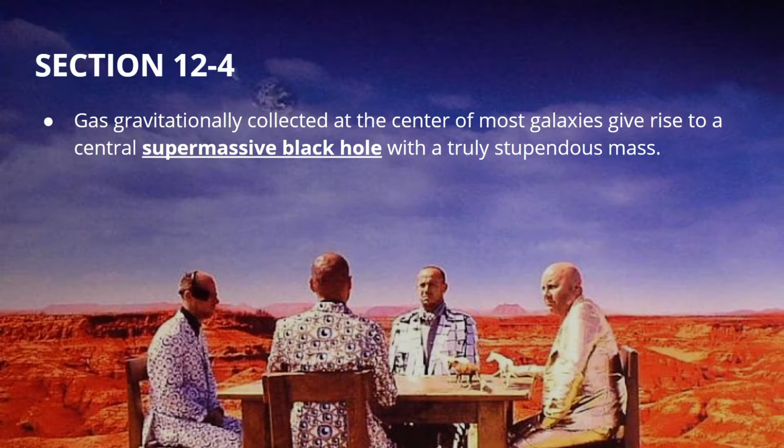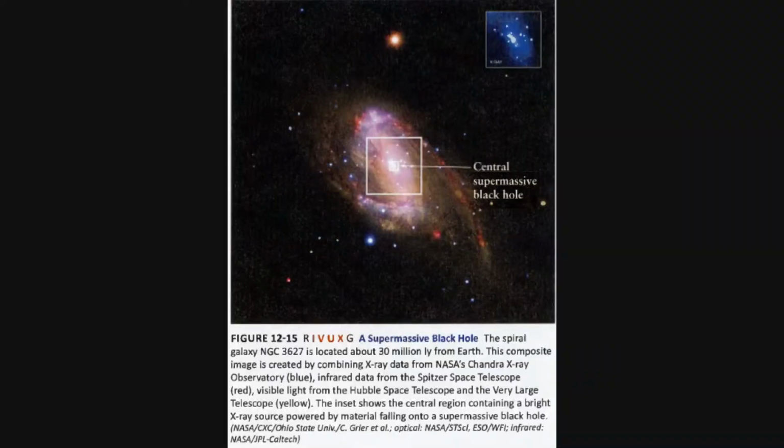And this note is kind of giving us a glimpse into what the next couple chapters will look like. Gas gravitationally collected at the center of most galaxies gives rise to a central supermassive black hole with a truly stupendous mass. So at the center of galaxies, which we have not talked about yet, there appear to be these gigantic black holes.